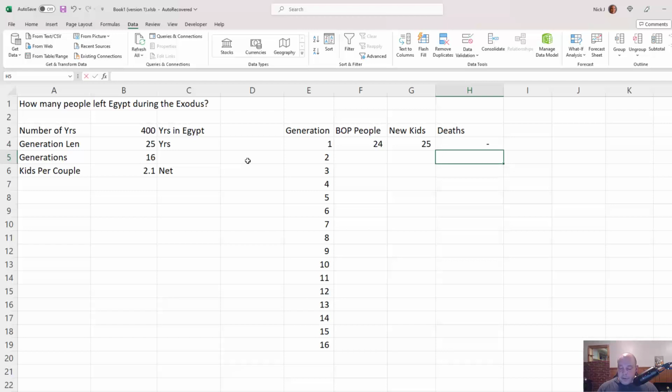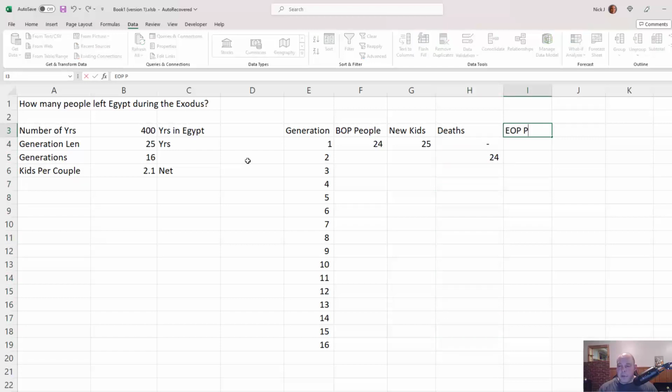But by the end of generation 2, all the people that started generation 1 are dead. So here's where we start having deaths in generations 2 through 16. That leaves us with an end of period population of 24 plus their kids minus the deaths. So 49 people. And that's how many people we have to start the next generation.